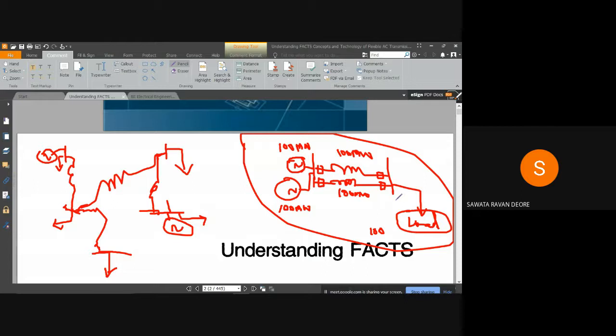So whenever that 11 kV feeder has a fault, almost all villages are in a blackout situation. That is what happened.